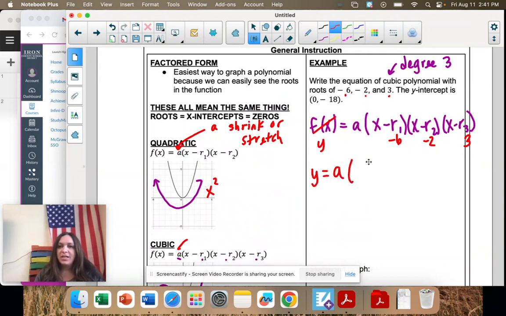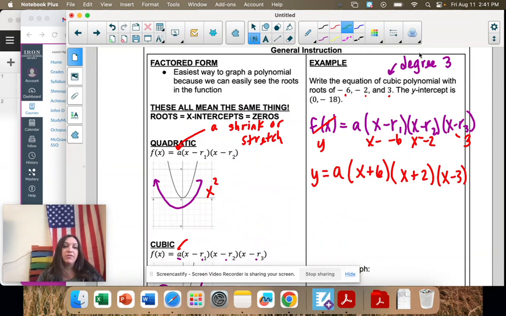We don't know the leading coefficient, but this becomes x minus -6, so it's plus. x minus -2, so it's plus. And then that minus goes with the 3. So just remember, and we've gone over this before, in your factors, it's the opposite sign of the root.